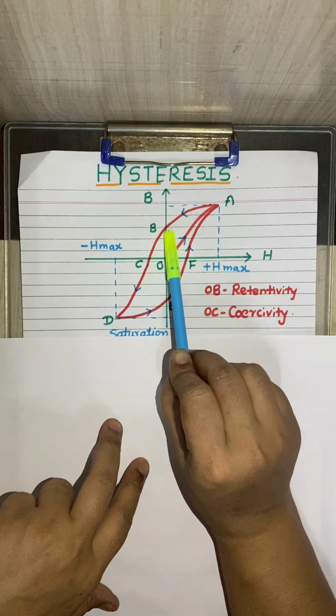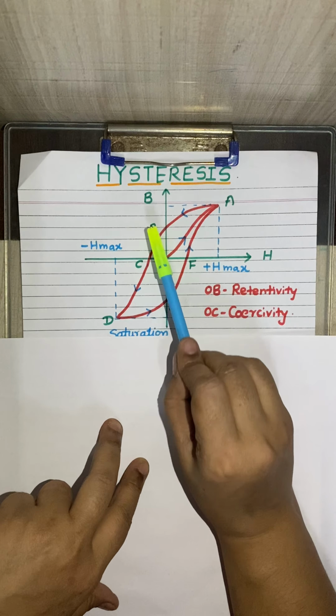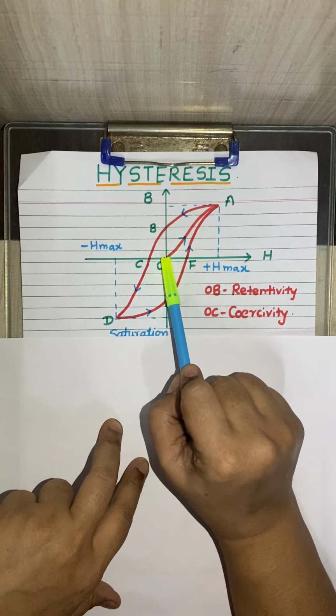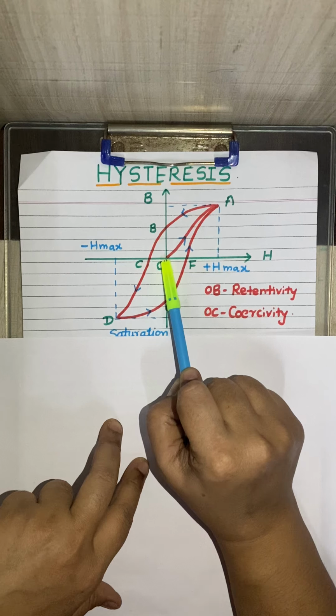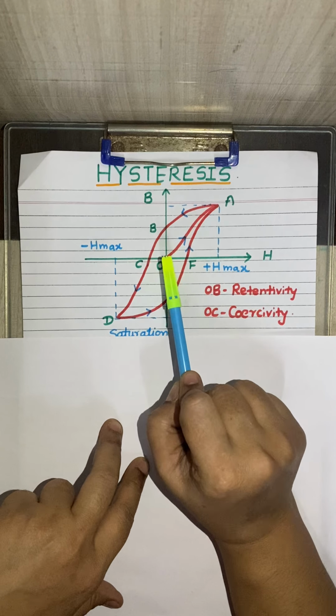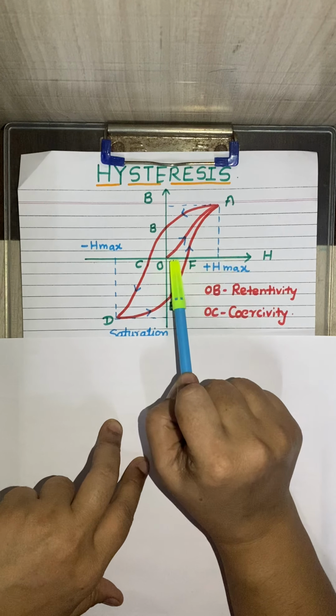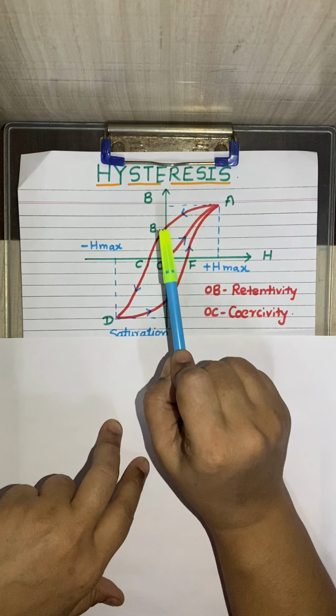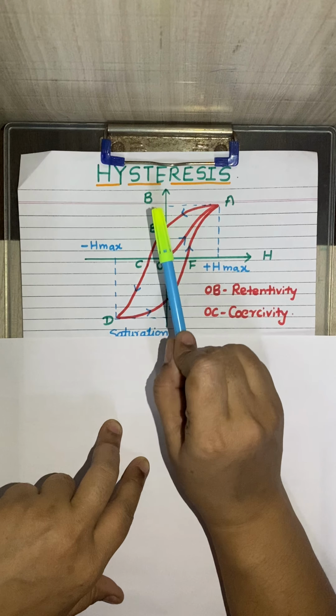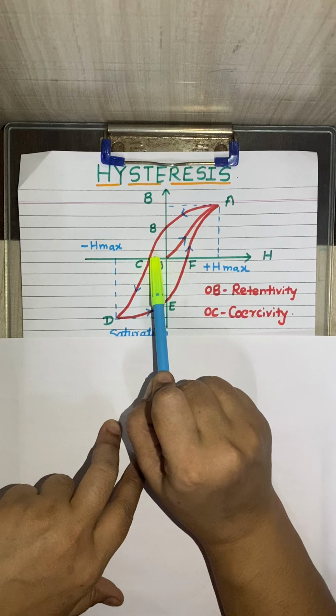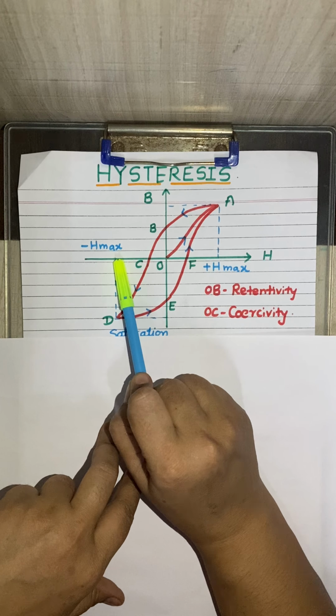OB is the magnetism, or magnetic induction, remaining in the particular ferromagnetic substance although we make H 0. To make this B value, that is the magnetic induction, 0, we reverse the magnetizing field and increase it.